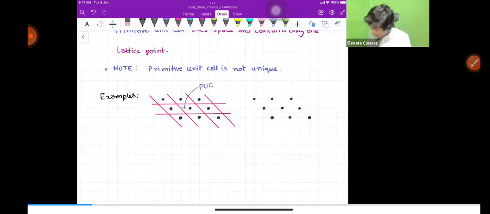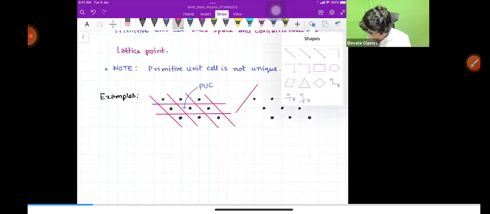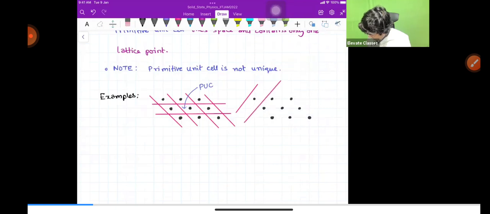So let's say we have this structure. Now these lines should be parallel to each other.